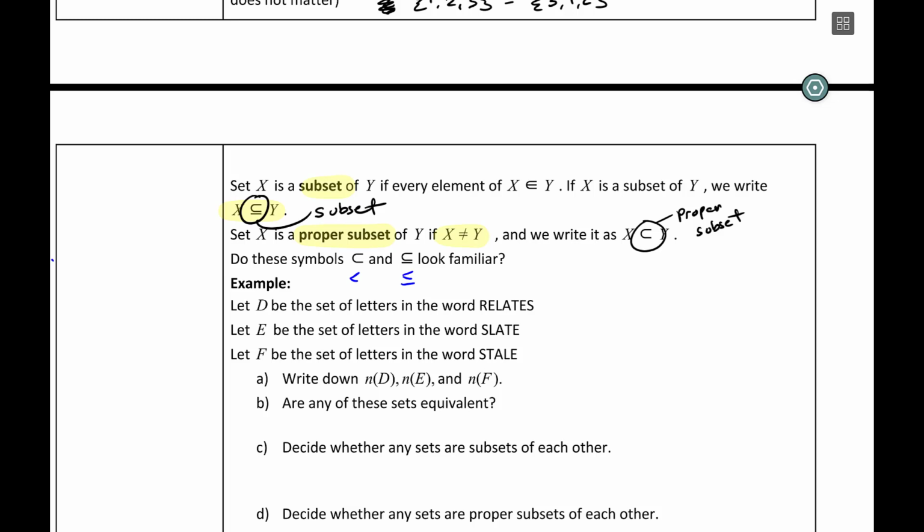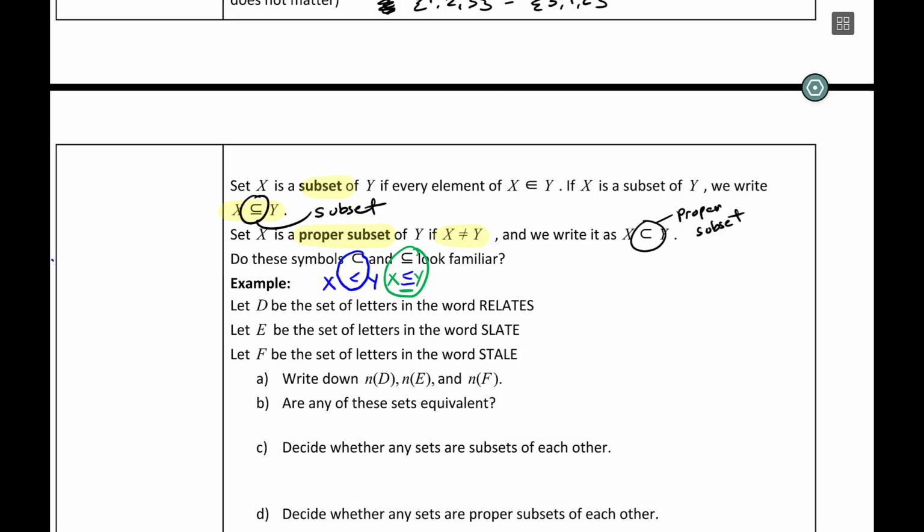And why that makes sense to me is I can look at the size, understanding that this notation says that all of the elements of X are going to be inside of Y. That must mean X must be smaller than Y. However, if I look at this notation, I would say that all the elements of X are going to be inside of Y, so it must be smaller or at least equal to. It could possibly be equal to, since we have that line underneath it. So they could be equivalent sets, but at least X is entirely inside of Y. And that's how I can understand that notation.